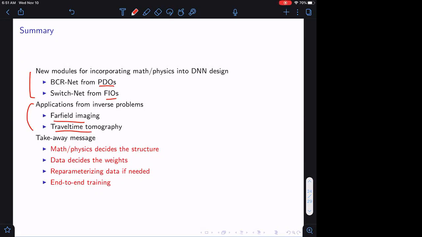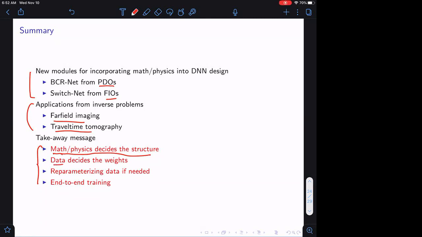Now, some takeaway messages, and these are really the lessons that we learned while working on this project. The first is that it's a good idea, at least I personally believe, to use math and physics to decide the architecture of the neural network. This provides some general guideline. Here, the tools we are using are the physics of the inverse problem and the filter packet projection operator.